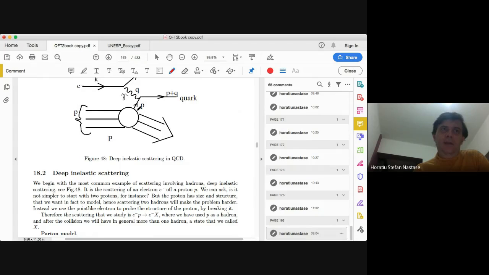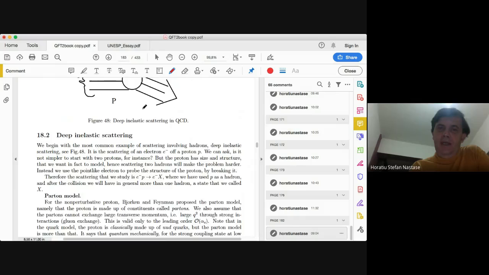So that's in perturbative gauge theory. But what about the state at low energy, the proton that we have in nature? How do you describe that?